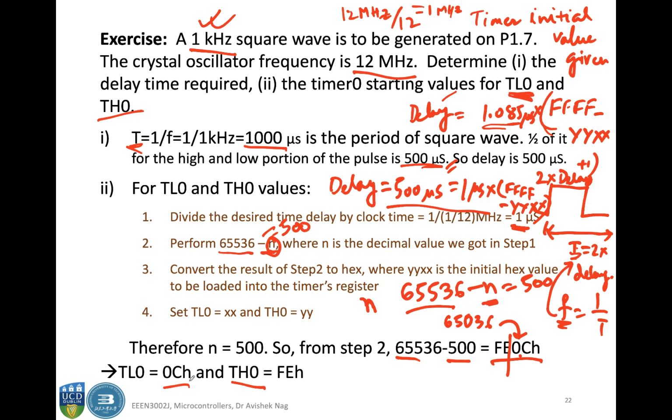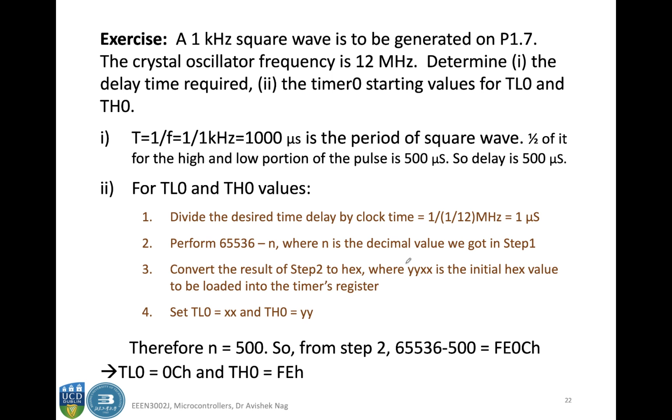Okay, if you are given a square wave with a specific frequency and you have to calculate that frequency. So let's revisit this once more. So you have 1 kilohertz square wave. So that means you have 1000 microsecond is the period of the square wave.